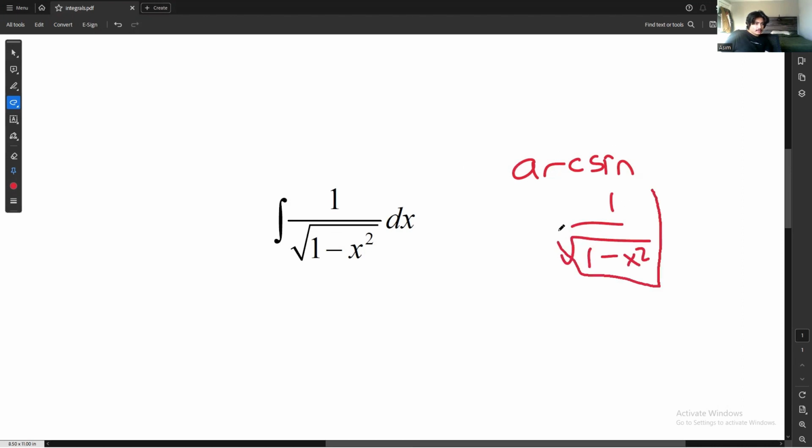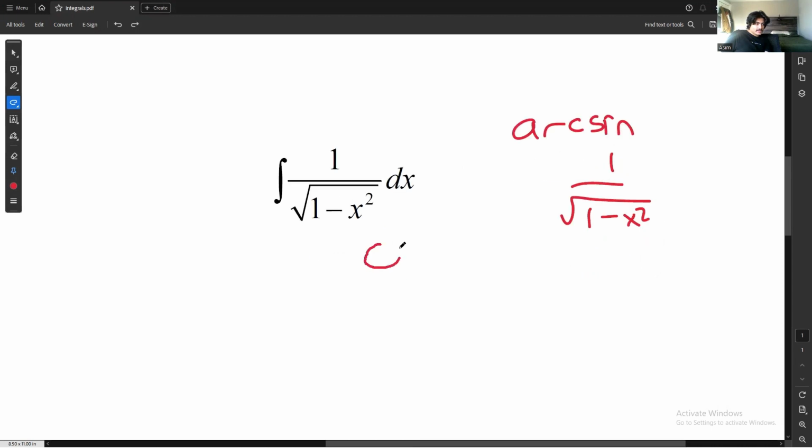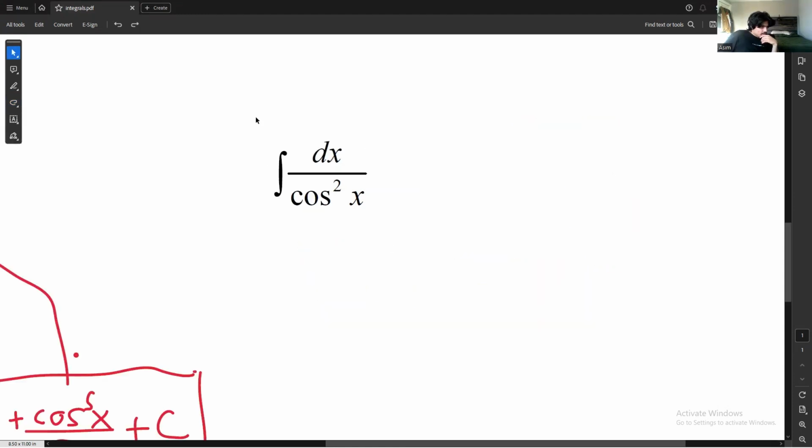So if we integrate this, we're just going to get the same function, arc-sin x plus your c.